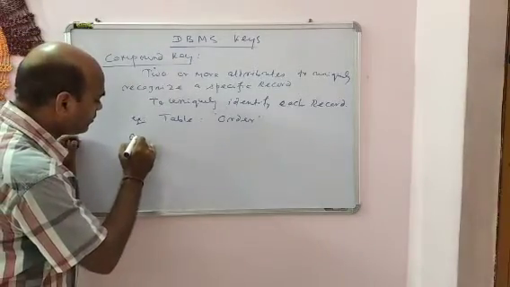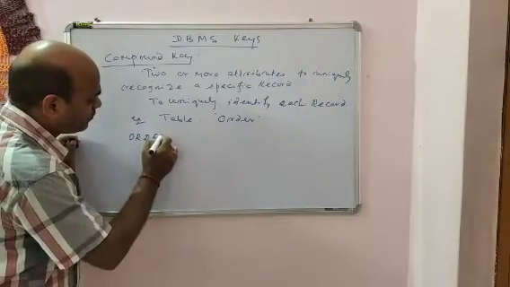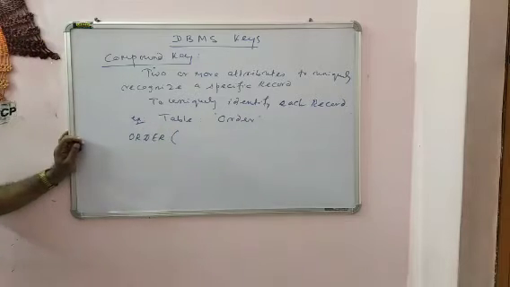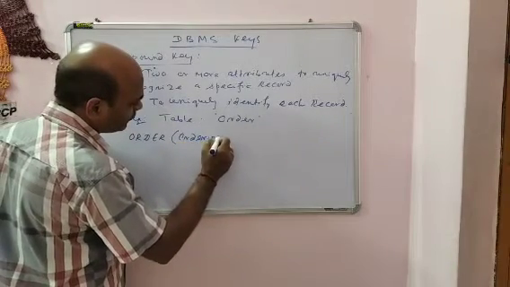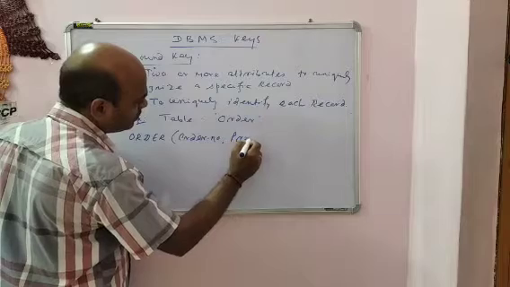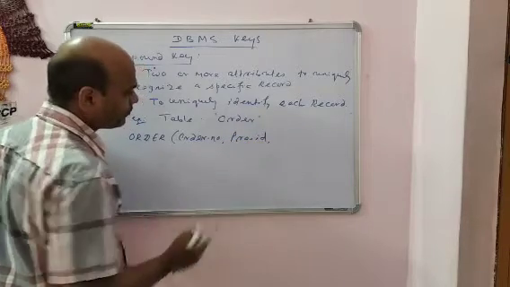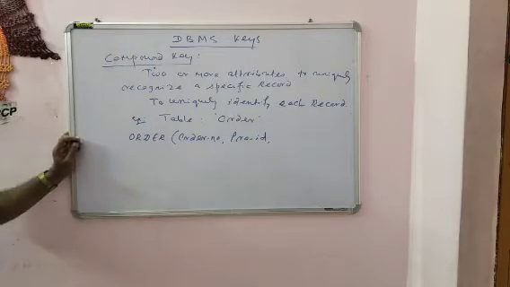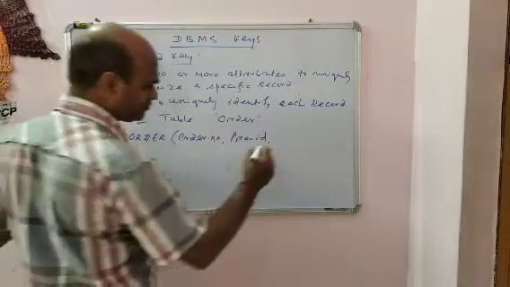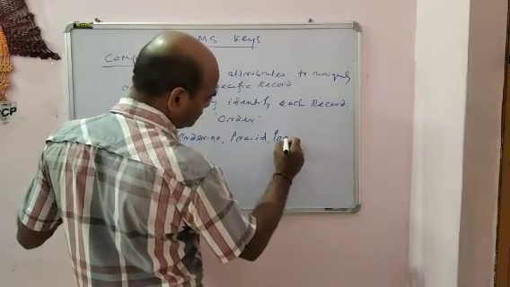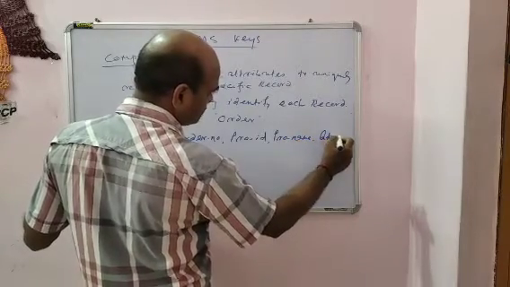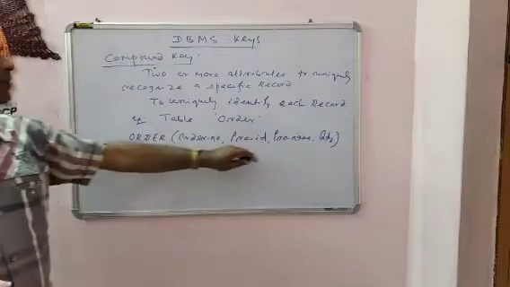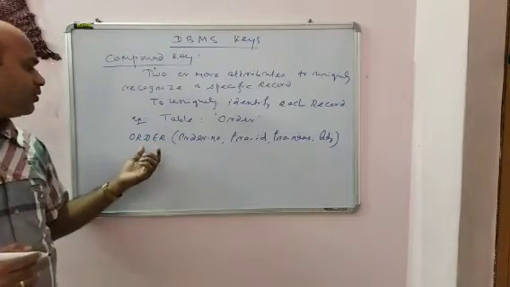Suppose in the order table, the attributes are order number, product ID, product name and quantity.